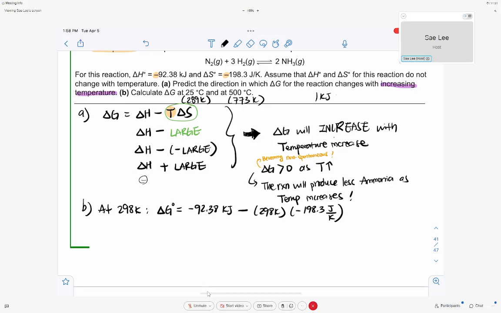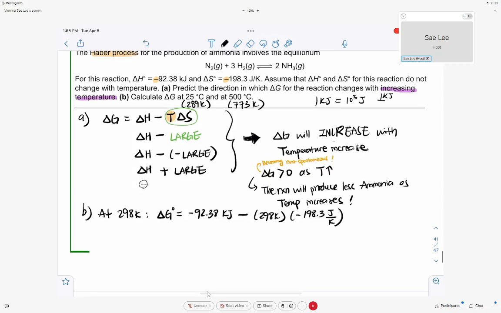We know that one kilojoule equals 10 to the 3 joule. We can use either expression.